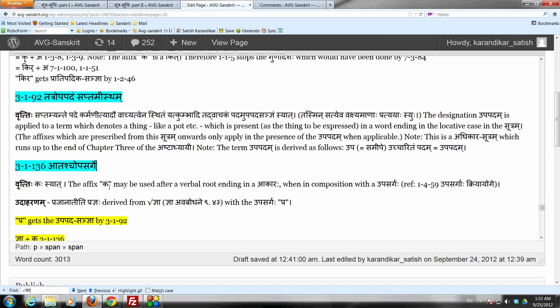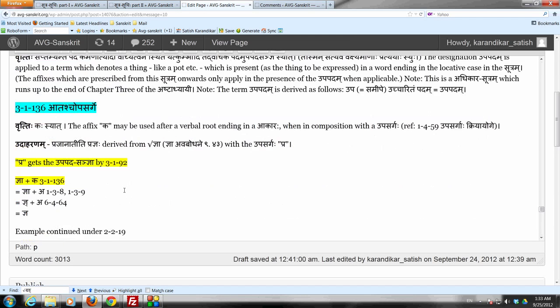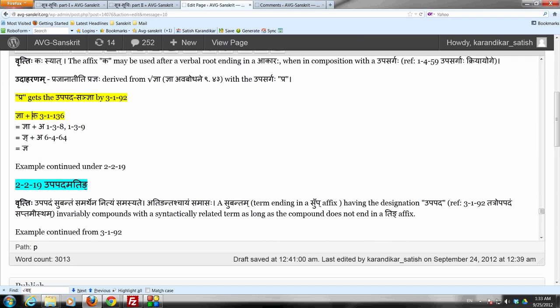In this case we used ka. It could be another affix by another sutram, but we will have to find a sutram which prescribes a krit pratyaya to be used after a dhatu, on the condition that there is a particular upapadam there. Then we will add the affix to the dhatu, and we'll get a kridantam pratipadikam.